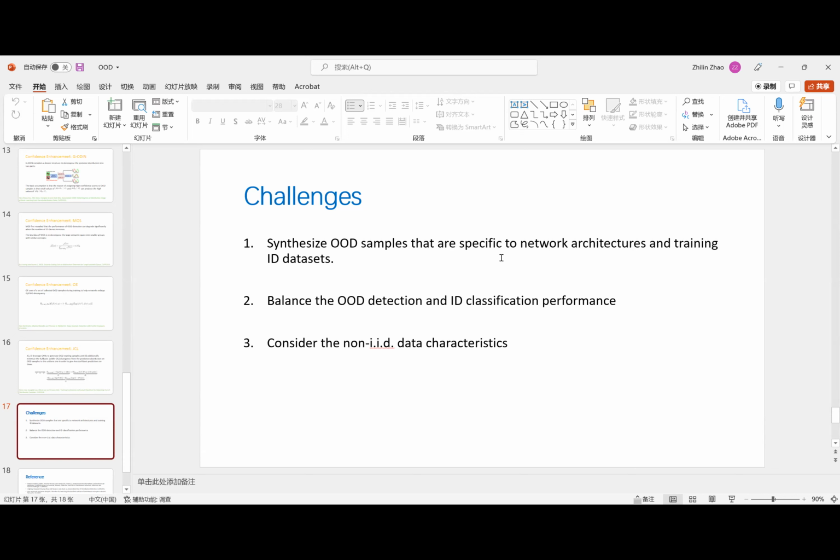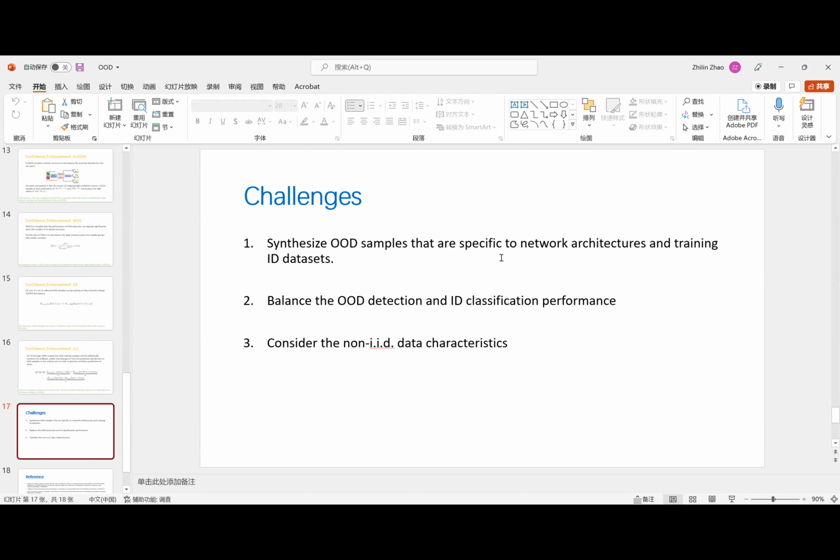The second challenge is how to balance the OOD detection performance and the in-distribution classification performance. In this research direction, we mainly focus on how to improve the OOD sensitivity, but usually we have to sacrifice some classification performance. This is not good because in practice it is very important to keep a very high classification performance.